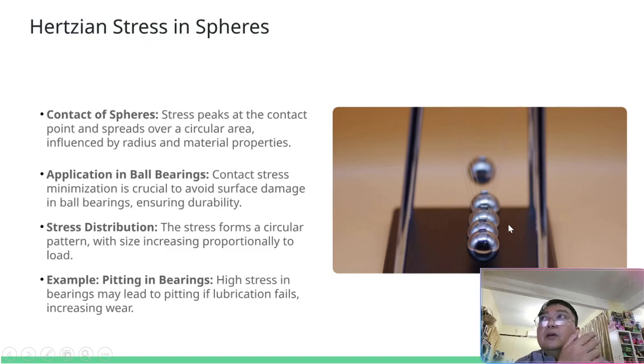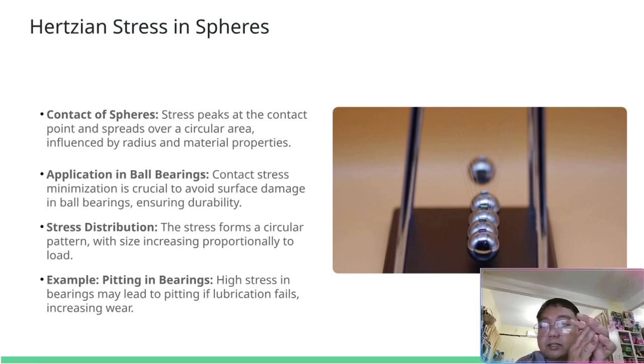Contact of spheres: stress peaks at the contact point and spreads over a circular area, influenced by radius and material property. Whenever it is in contact, the loading also comes with the contact. But since it is cylindrical or a ball, the stress will be distributed evenly across the radius.